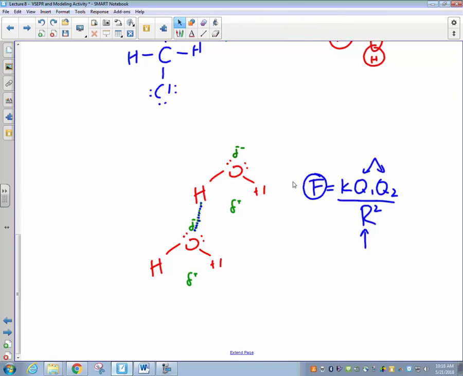That is to say, it's hard to pull water molecules apart. And water molecules, therefore, do a lot of things which we see them do in our daily lives. Number one, they tend to form droplets, sticking together, that is, they're cohesive. Number two, they tend to have a fairly high boiling point for a molecule of their size.